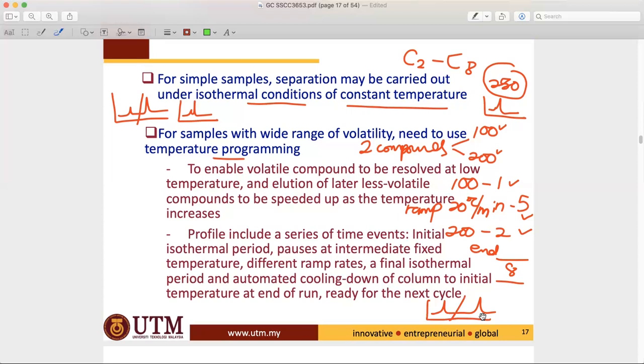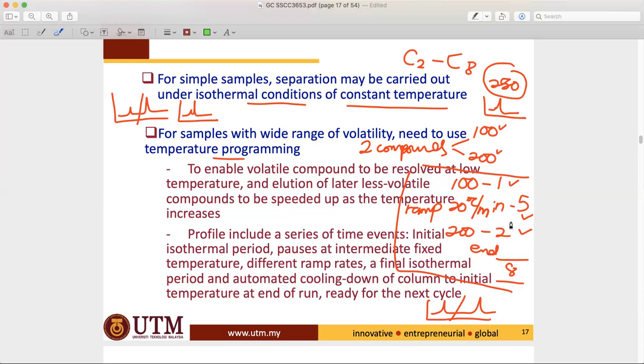But this program you can also play around with, because when it is too wide, the resolution is also not effective. That's why I say we need an effective resolution or effective separation. So if it is too long, when you play around with the programming, you can minimize the time here.